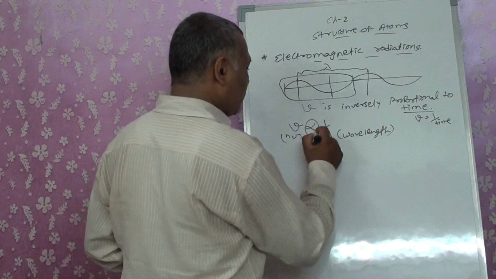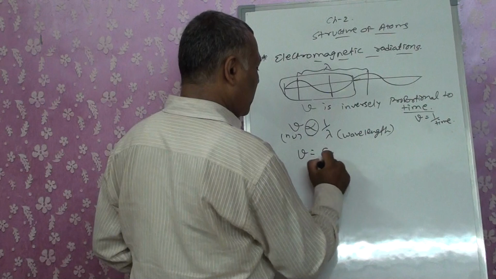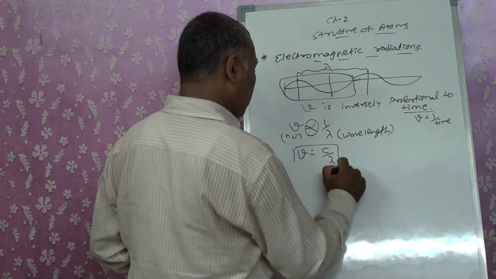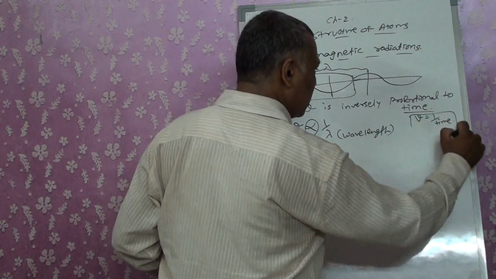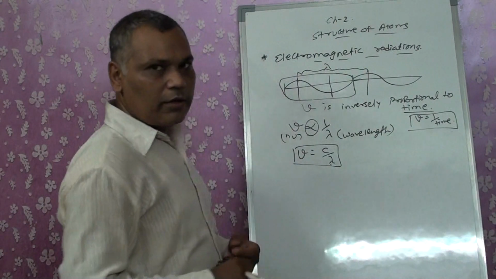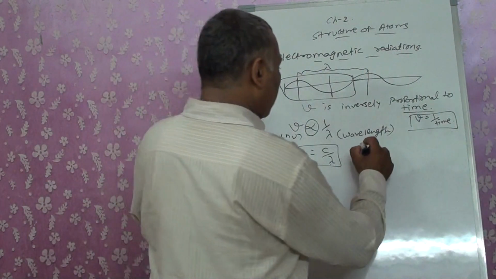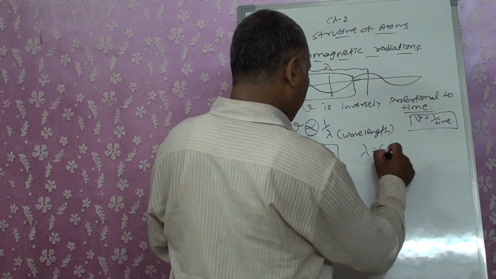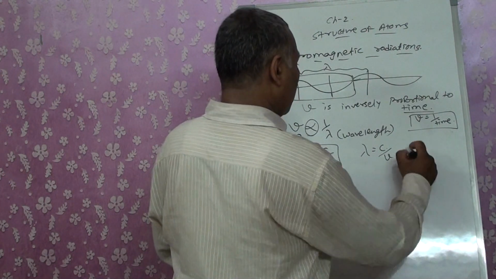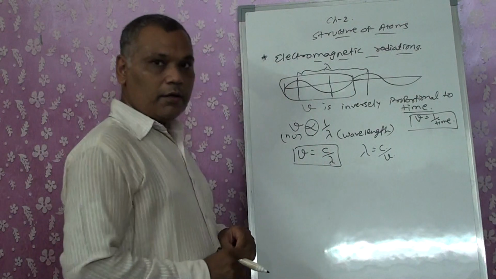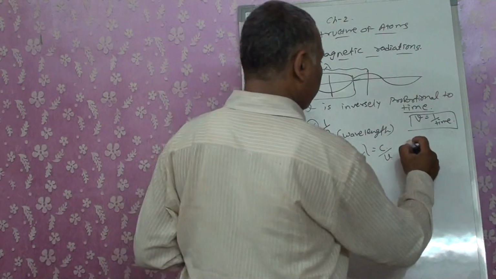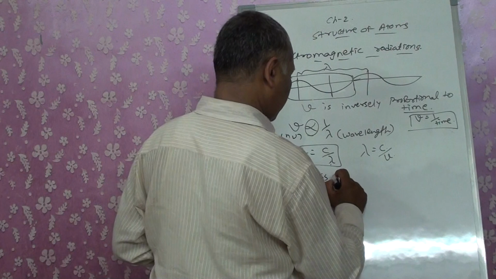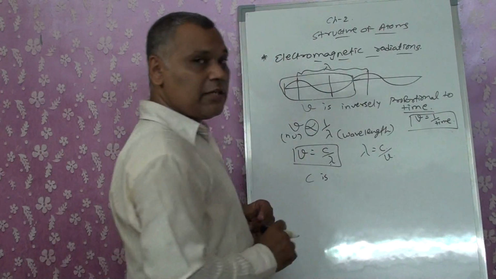If I remove the proportionality sign, I get nu equals C by lambda. So this is the one formula we are going to use. We also write it as wavelength equals C by frequency, right? Now what is C?